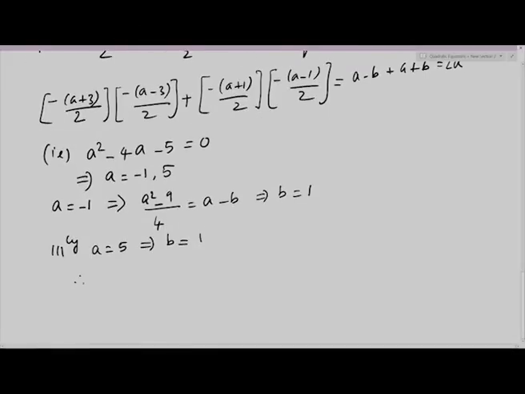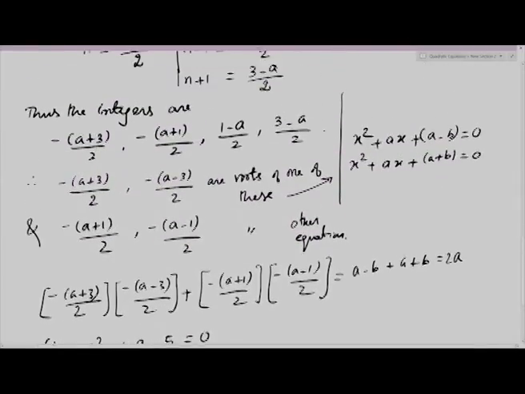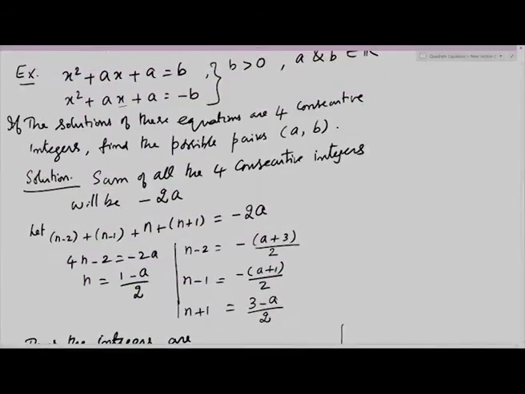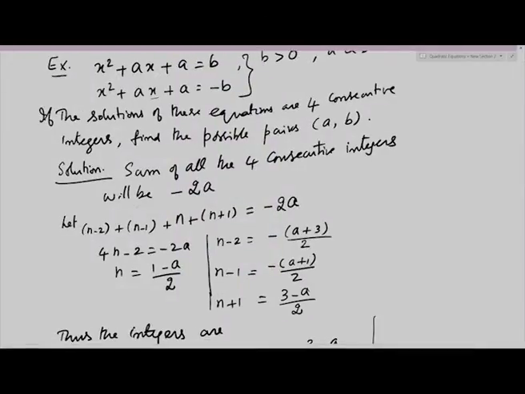Therefore, the possible pairs are minus 1 comma 1 and 5 comma 1. So, these are the only possible pairs so that the given condition is satisfied, that is, the solutions of these equations are 4 consecutive integers.